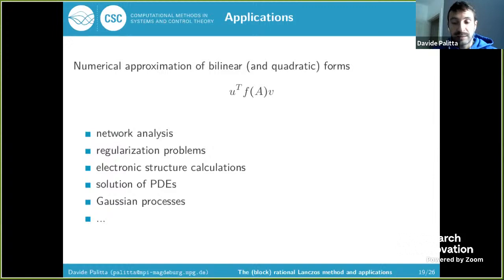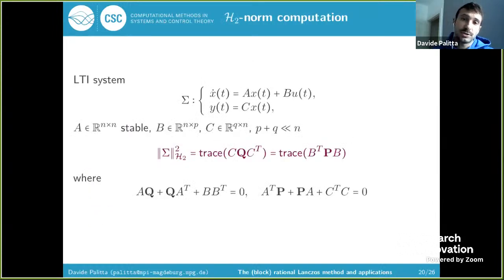But an application that I would like to show you today is the computation of the H2 norm of a linear time invariant system. So we consider this system here, where A is a stable matrix, so its spectrum is contained in the left open plane, and B and C are respectively tall matrices, so few columns for B, and fat matrices, so few rows for C. And the H2 norm of this system is defined in this way here.